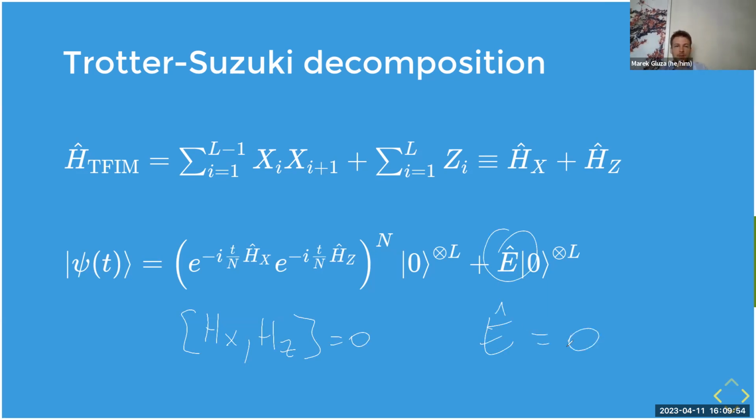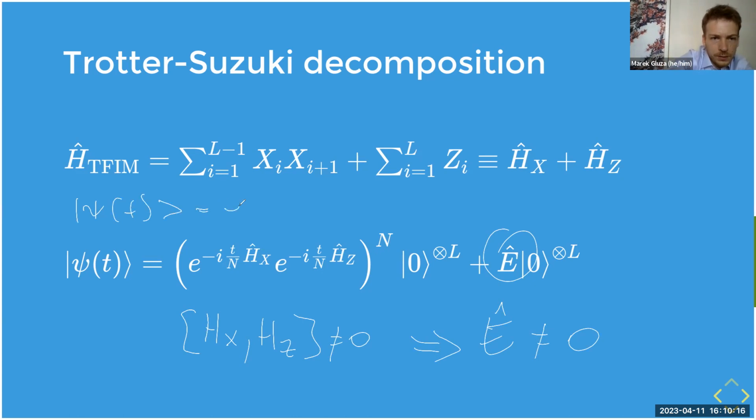There's nothing happening there. But it's non-zero, so there will be some non-zero operator E. In general, psi of t is defined as e to the i t (Hx plus Hz), and we know that this is a unitary operator.